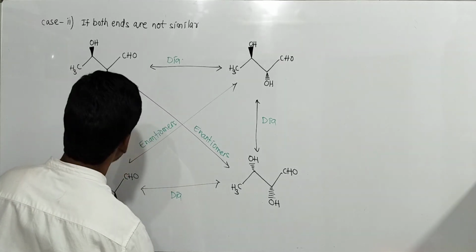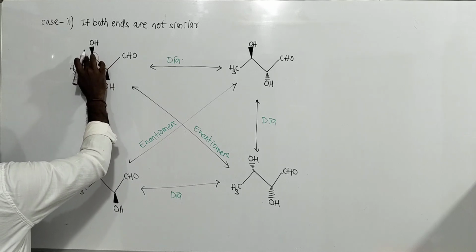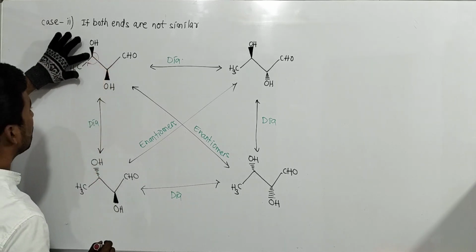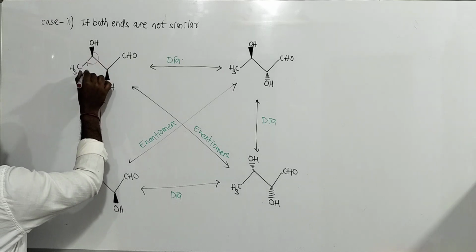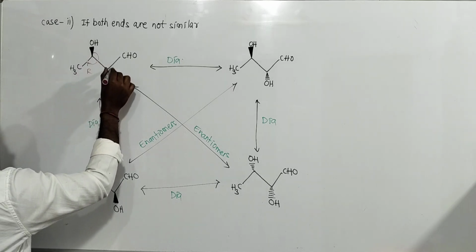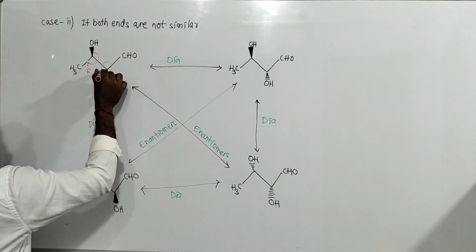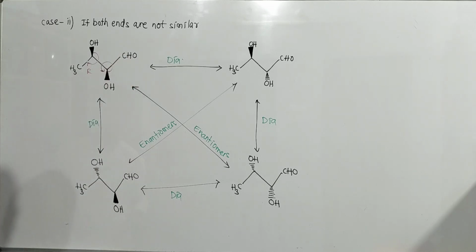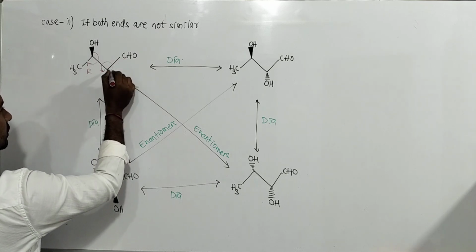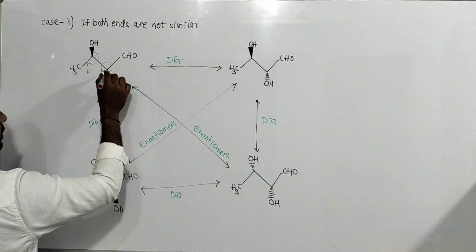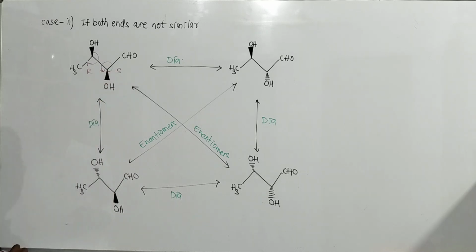Configurations, if you see quickly: 1 2 3 on the dotted line, 1 2 3 clockwise is R. Here, 1 followed by this is 2, 1 2 3, this becomes the second priority, anti-clockwise, so RS configuration.